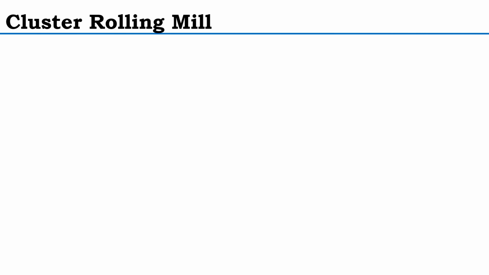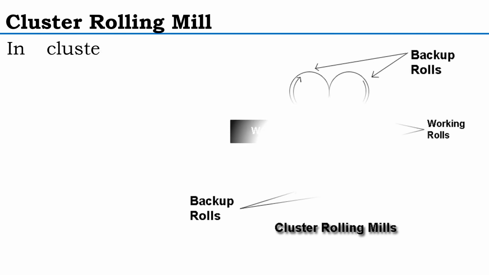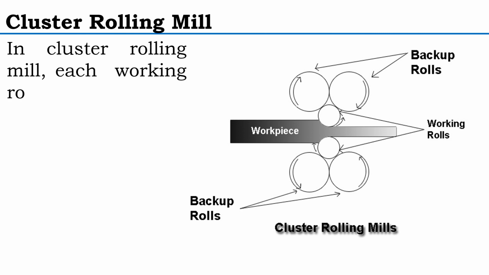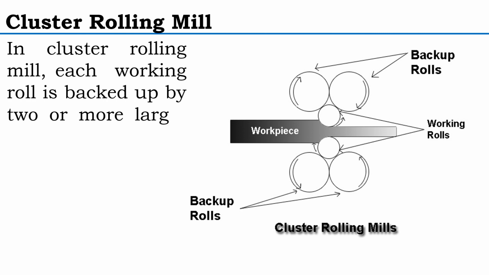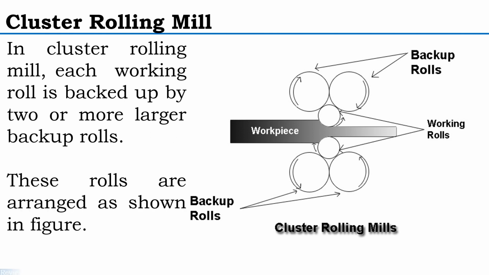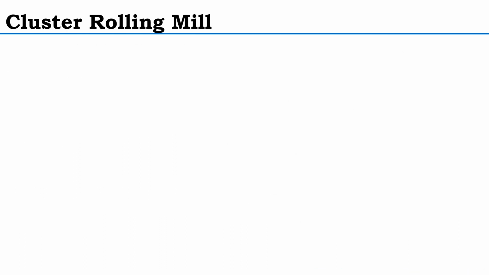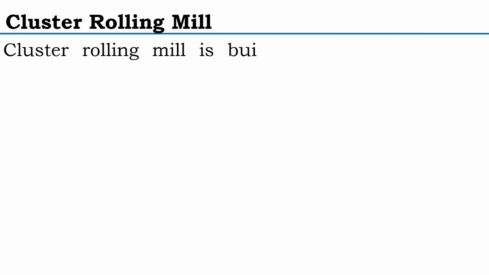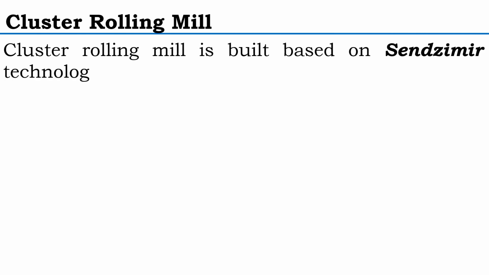Cluster rolling mill. In cluster rolling mill, each working roll is backed up by 2 or more larger backup rolls. These rolls are arranged as shown in figure. Cluster rolling mill is built based on Sendzimir technology.